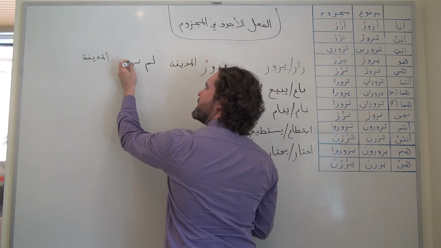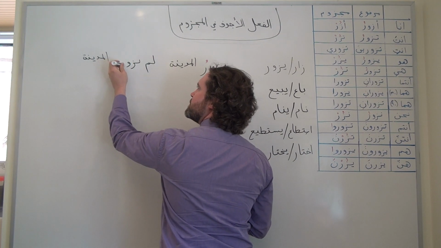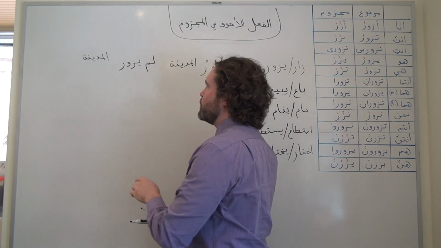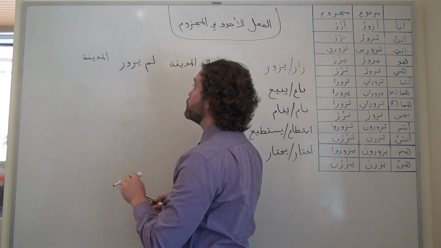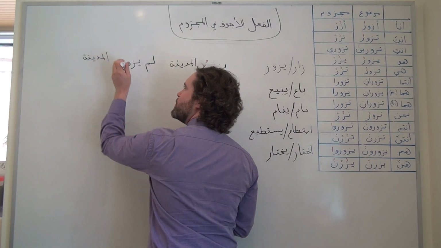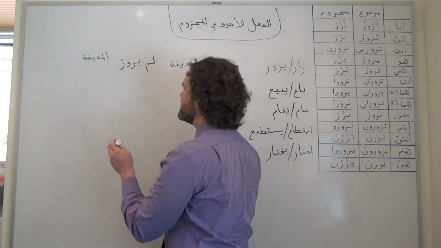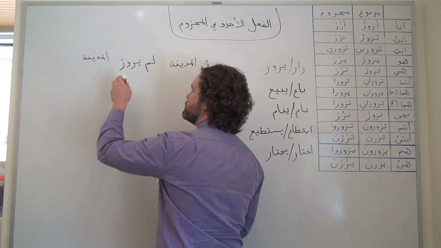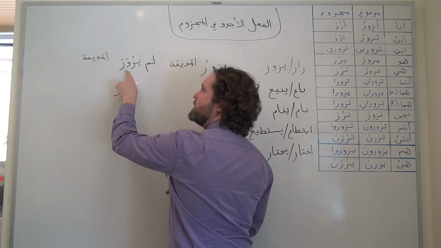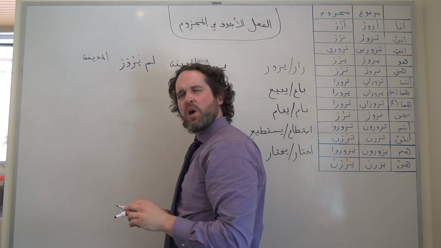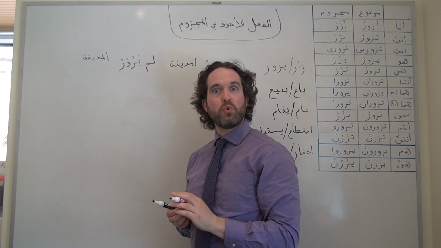We might think, okay, we have yazur, same thing. The only thing that needs to change is that we add the sukoon. But then we have a little problem, because technically, if we fully vocalized this word, the waw and the ra would both have sukoon on them.